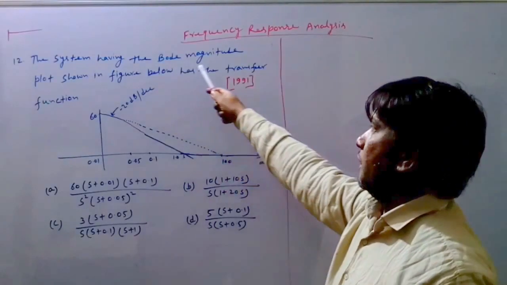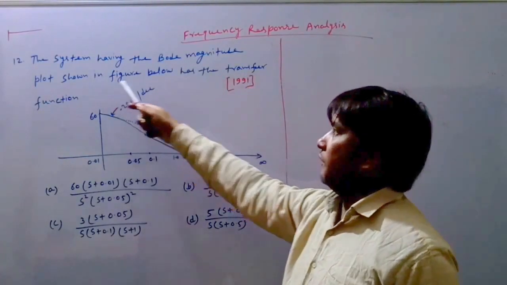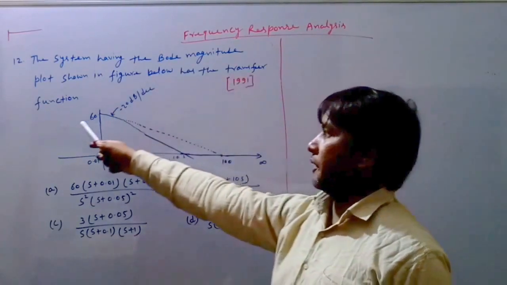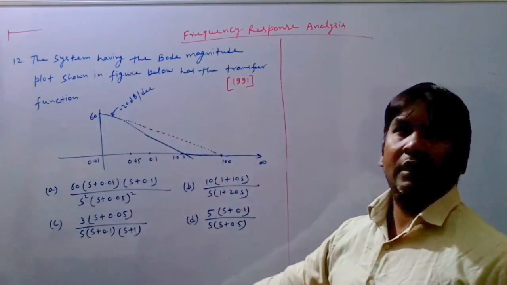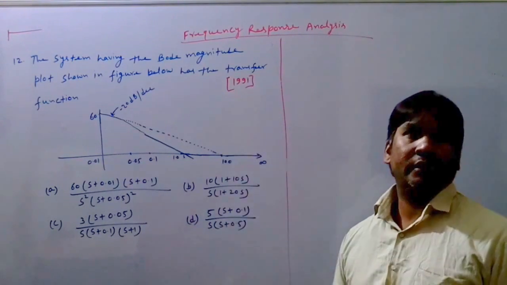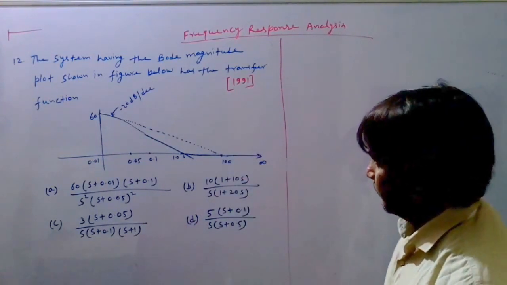The system having the Bode magnitude plot shown in figure below has a transfer function. There are 4 alternatives given, and this question has been asked in GATE 1991.